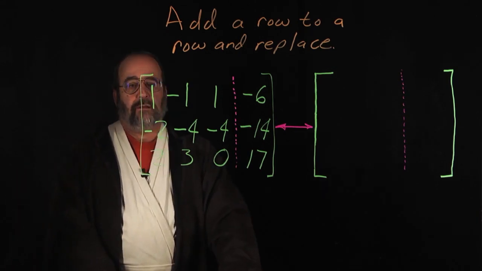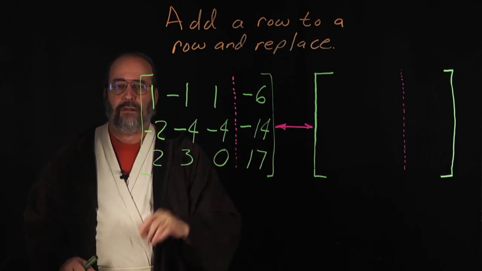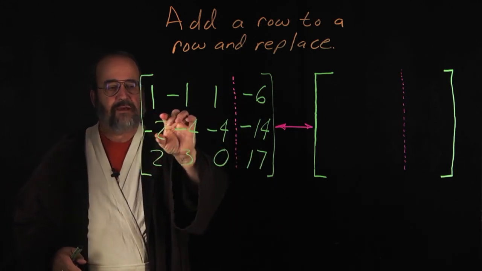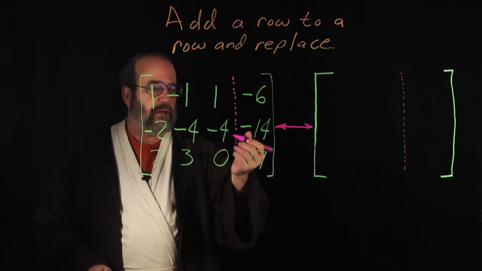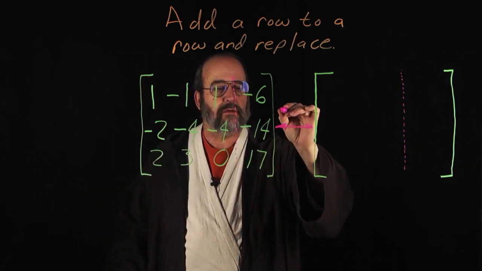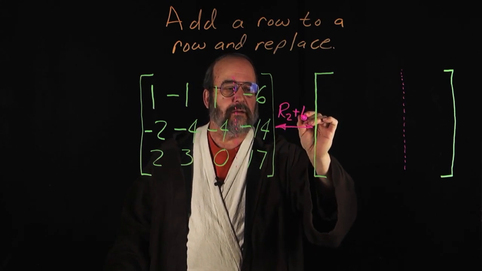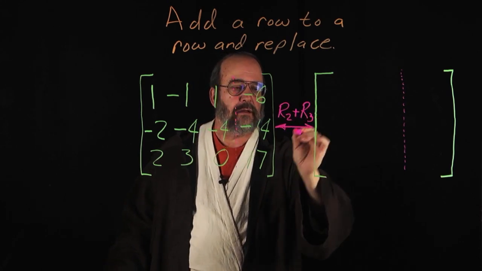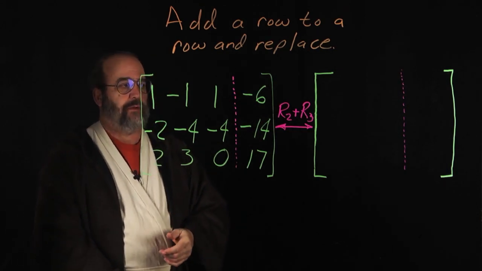So again, row 1 and row 3, we're not going to change those. We're just after row 2 only. Now how do I write this? I want to take row 2 and add it to row 3, and then we're going to replace row 2 with the answer that we get.